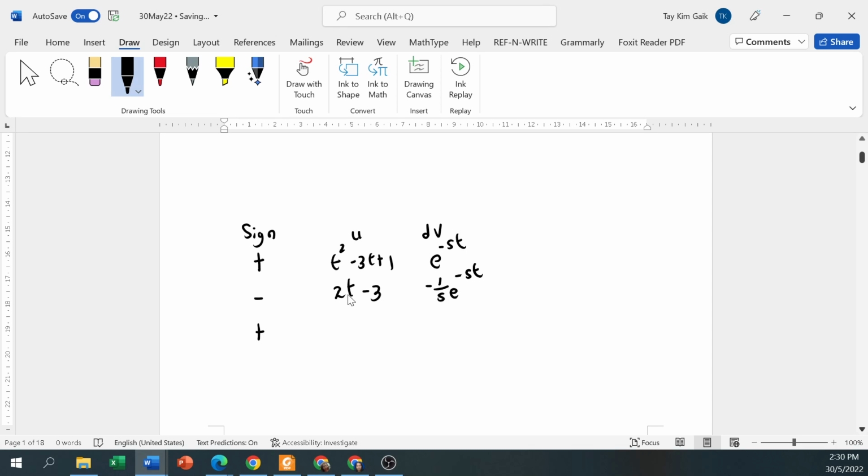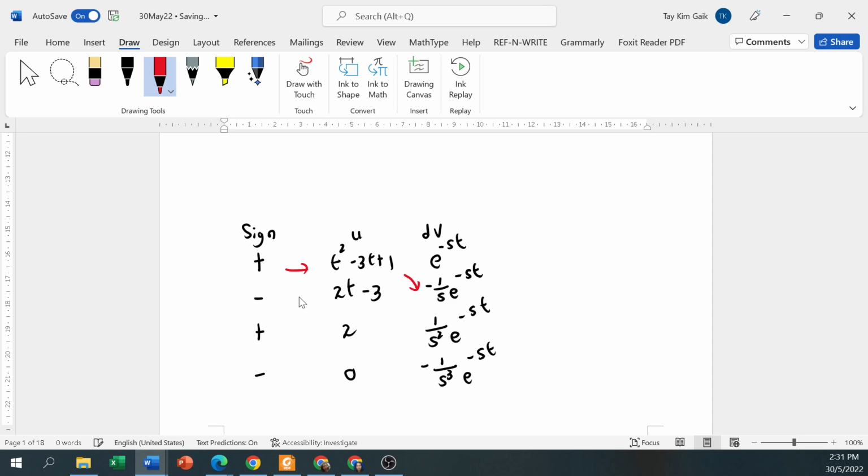Differentiate 2t minus 3, you get 2. Integrate again, you have positive 1 over s squared e to the negative st. Then differentiate to 0, and you can stop at this row if u is a polynomial. So here you get negative 1 over s cubed e to the negative st.